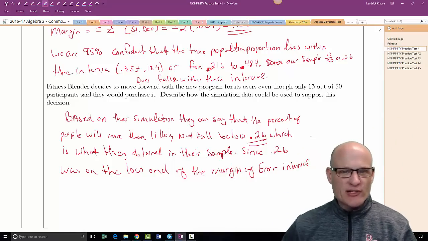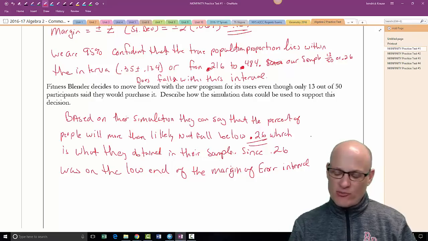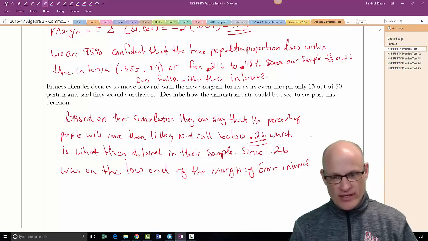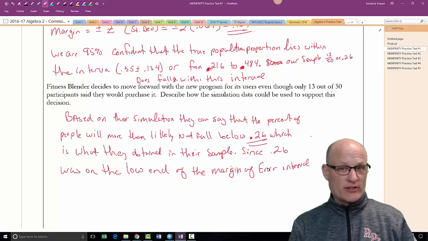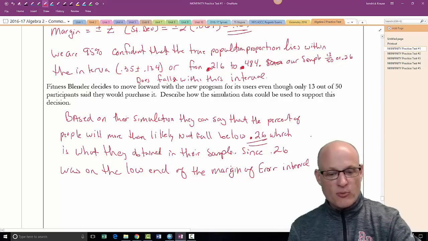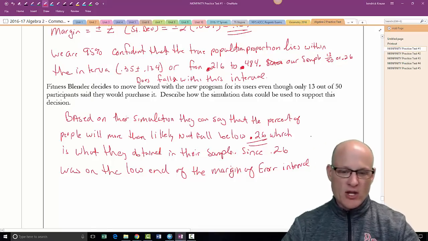And 0.26 is on the low end of that. So it's very small likelihood that there will be anything lower than 0.26. So they can go ahead with it, and it should be above 0.26, which is close to what they wanted originally.